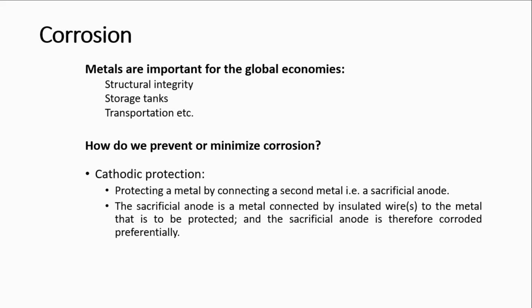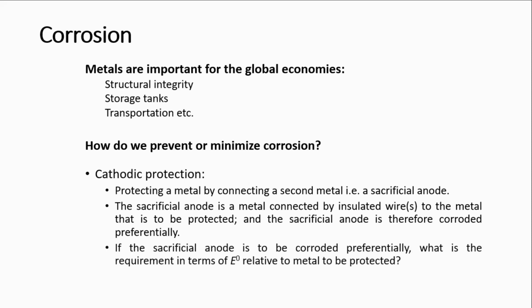And the sacrificial anode is therefore corroded preferentially. Remember, if you have two metals and one is more reactive than the other, the most reactive one will react before the less reactive one. That is the basic principle behind the entire thing.